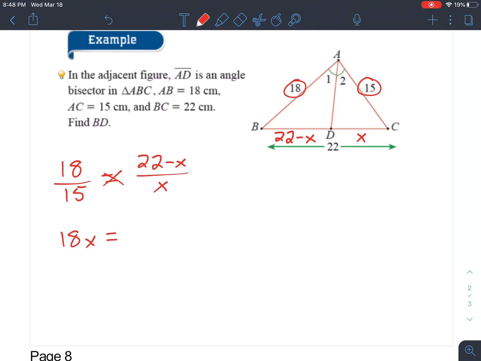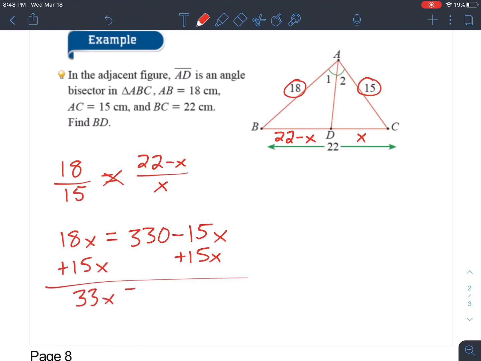When we cross multiply, we get 18x equals, and then, let's see, I'm not fully sure of 15 times 22. That's 330 minus 15x. We add 15x to both sides, we're going to get 33x equals 330.